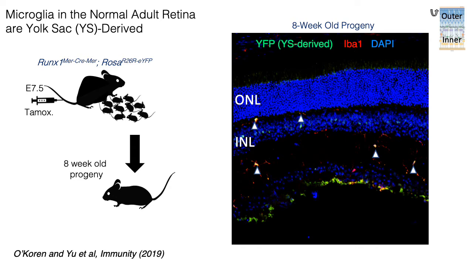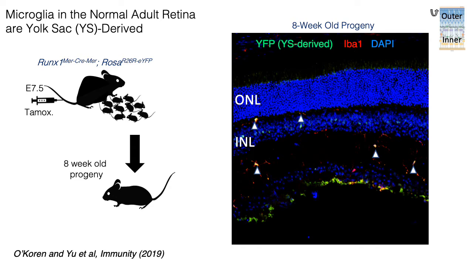In collaboration with Florent Ginhoux's lab at A*STAR, we recently demonstrated that adult microglia in the retina are indeed yolk sac derived, similar to the brain. To do this, pregnant dams, which were Runx1 MerCreMer conditionally labeled, were pulsed with tamoxifen at E7.5, and the pups were allowed to age to 8 weeks old, at which time the retinas were harvested and imaged for YFP colocalization with IBA1.